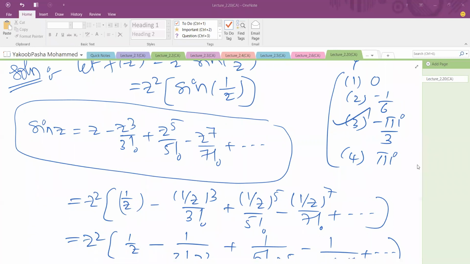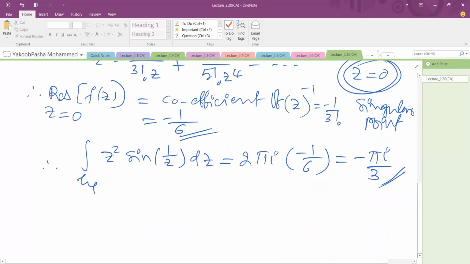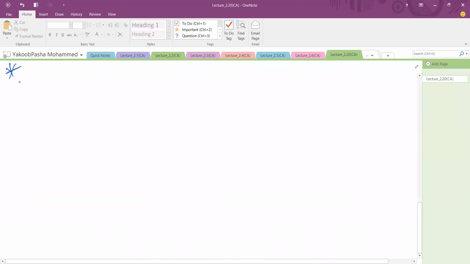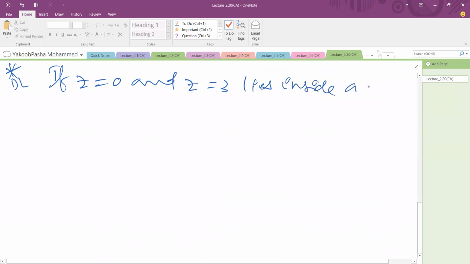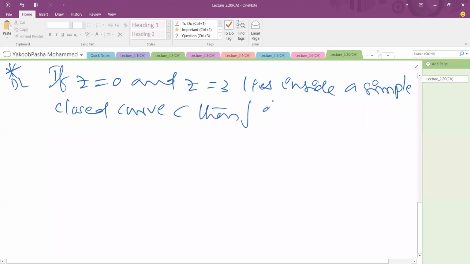Now I'm taking another problem. It's a very simple, direct problem. If z equal to 0 and z equal to 3 lie inside a simple closed curve C, then the integral over C of dz divided by z into z minus 3 is equal to.